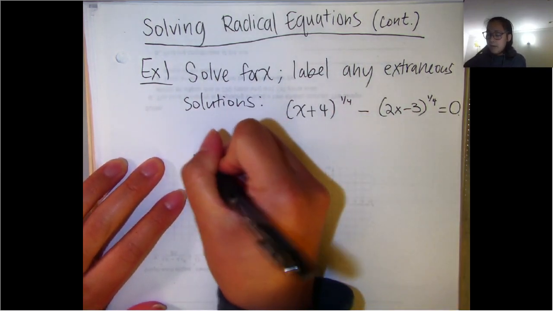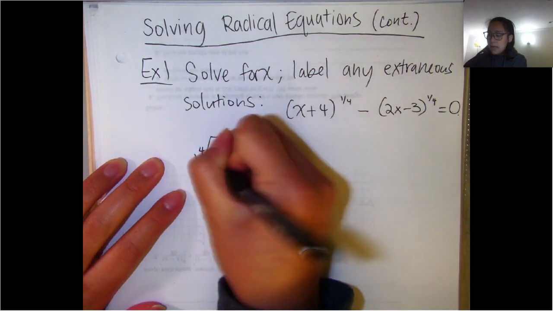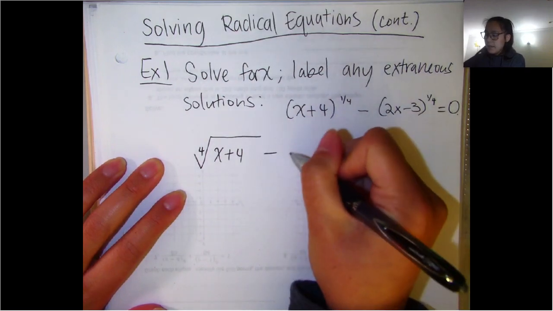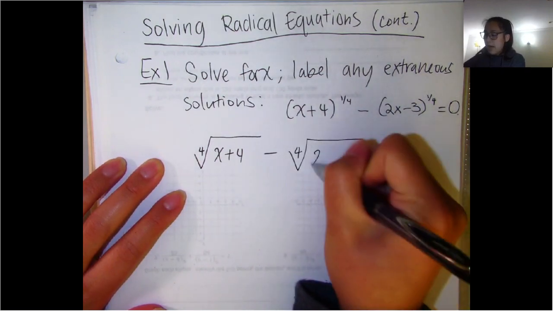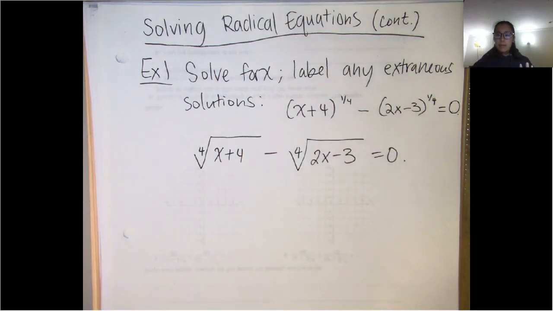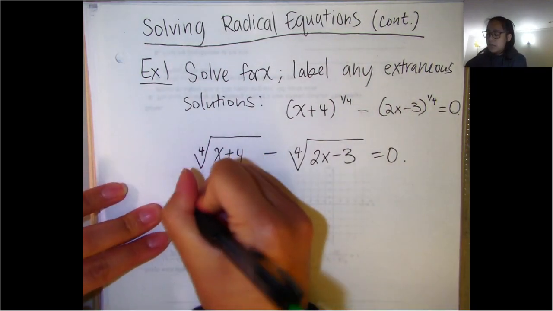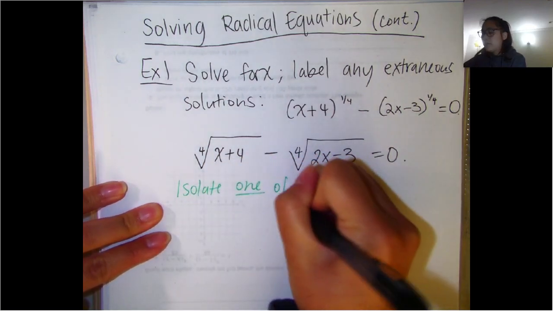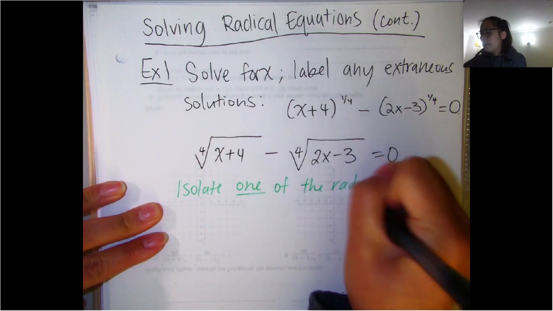So we'll go ahead and rewrite it. We have the fourth root of x plus 4, minus the fourth root of 2x minus 3, equals 0. And remember, your first step is to isolate one of the radicals.